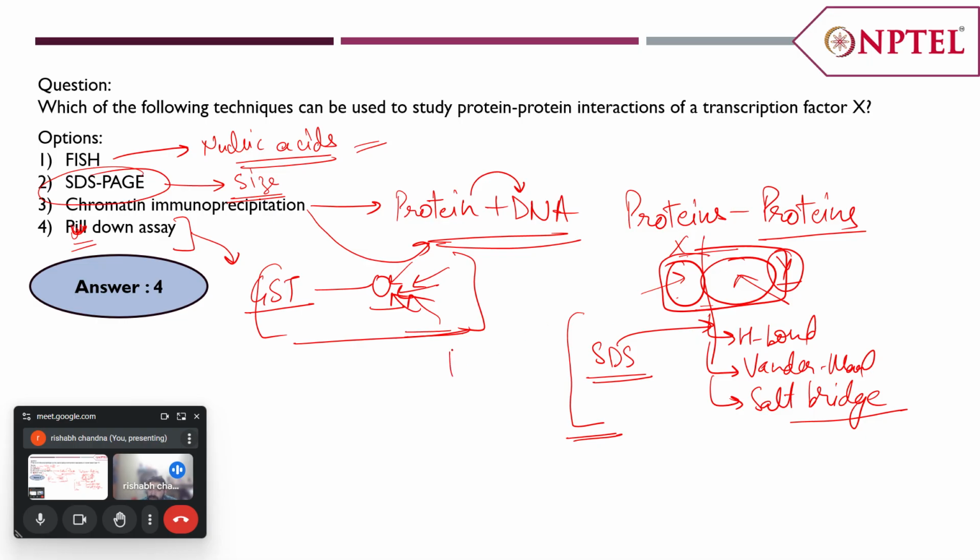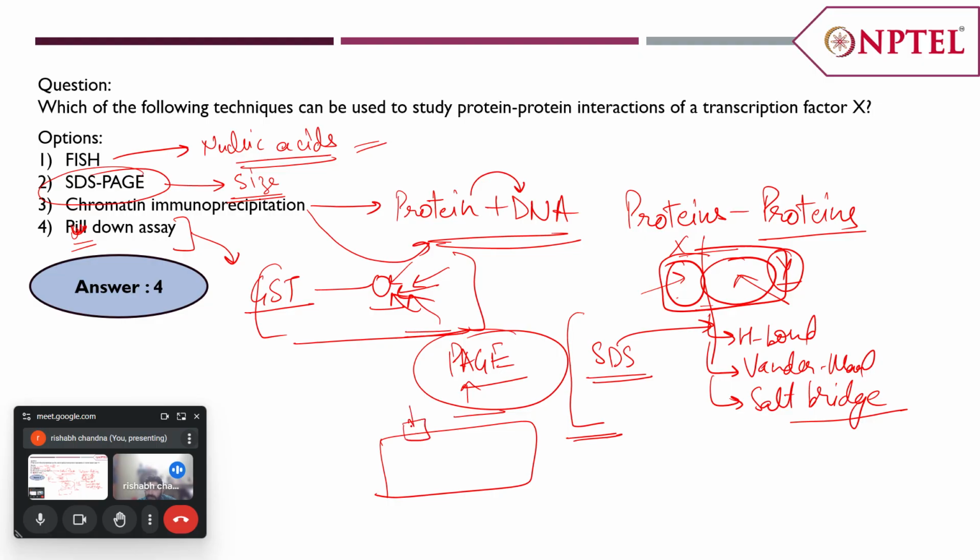If we are using normal PAGE, the native PAGE that we talked about, we are not using any denaturing agents at all. So how will we detect using PAGE only? We have three wells, for example.